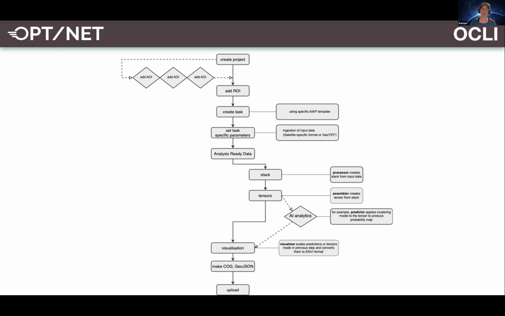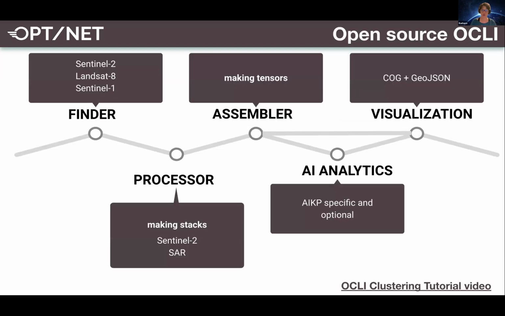But to show you what I actually want to show you: this is quite similar to the flow that I showed you before, but I would like you to take into account that the finder and the processor for Sentinel-2 and SAR data are there, and the part where we give the structure is shown here, because you as participants will only have to worry about this part: making the tensors and performing the AI analysis ready or AIKP specific analytics that you want to perform on your data.